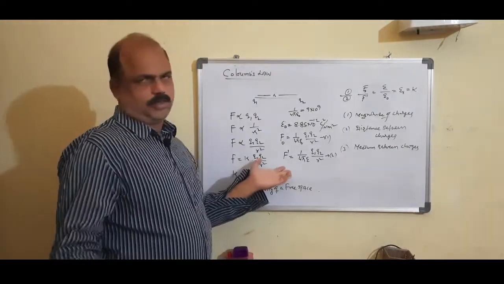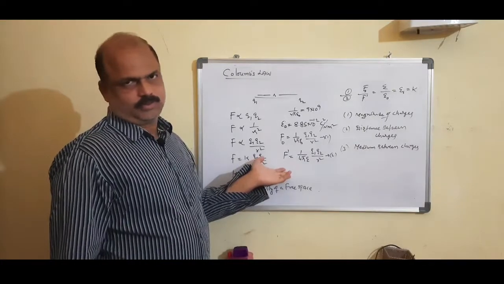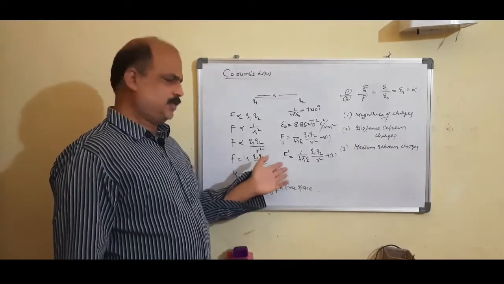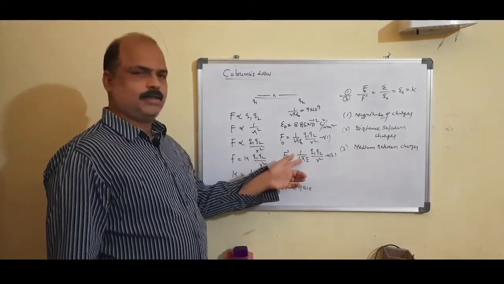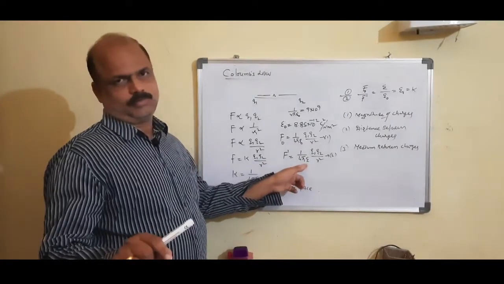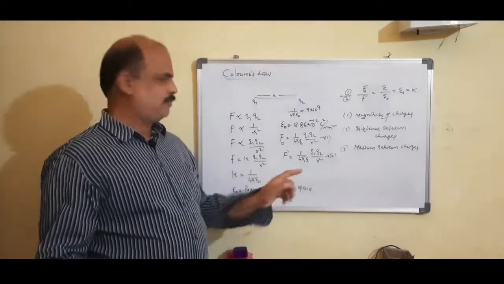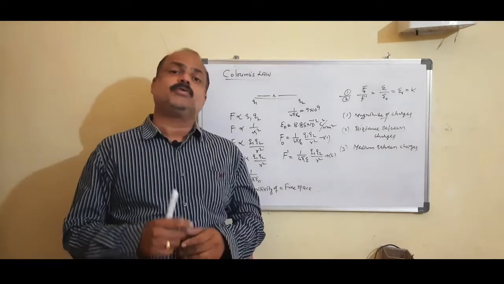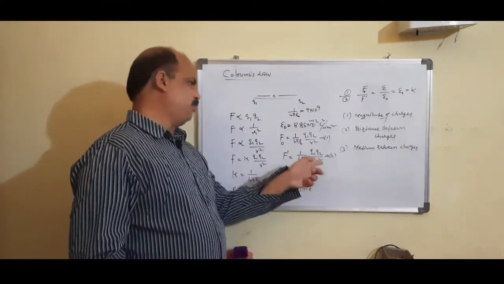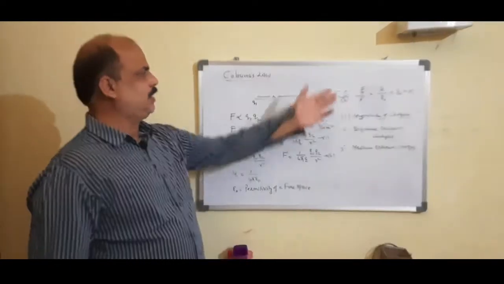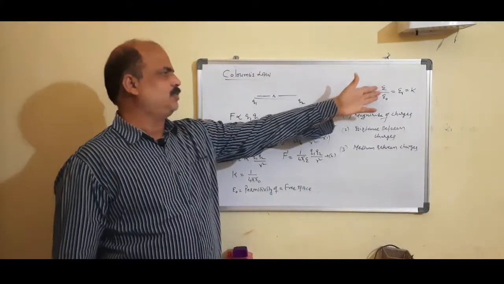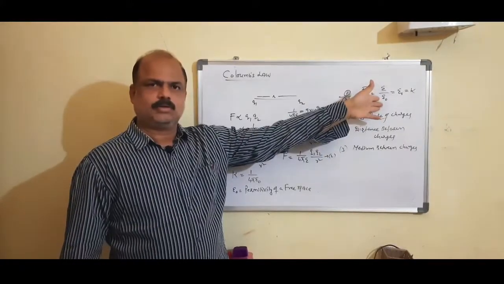Then definitely there is a change in force. The force changes: F dash is equal to 1 by 4 pi epsilon, this value changes. What do we call epsilon here? Permittivity of the medium, Q1 Q2 by R square. By doing the calculation, F naught by F dash is equal to epsilon by epsilon naught.